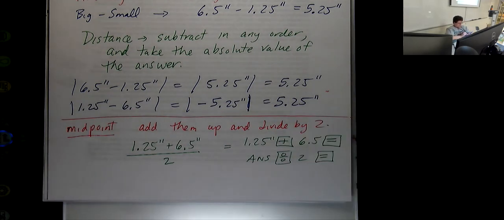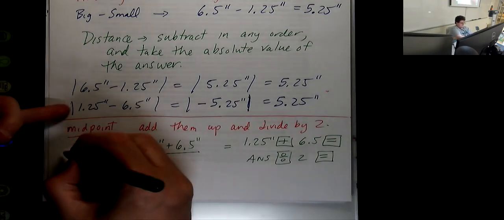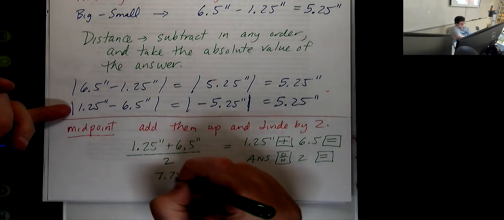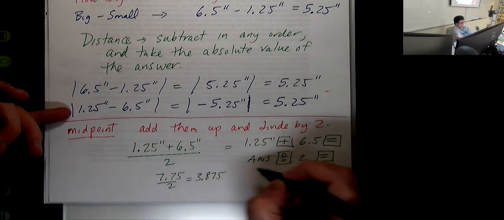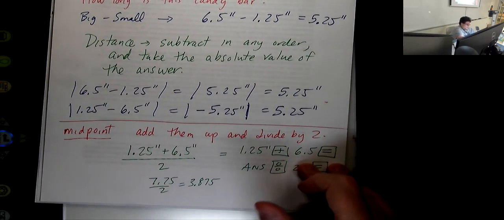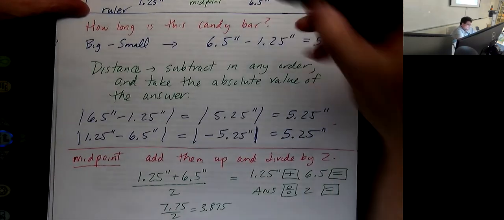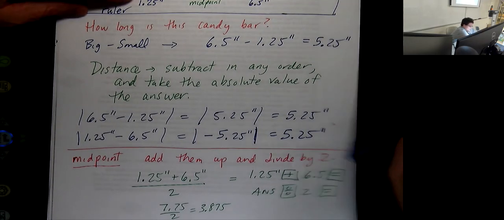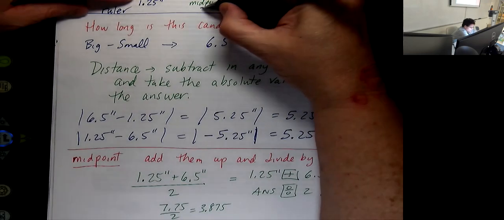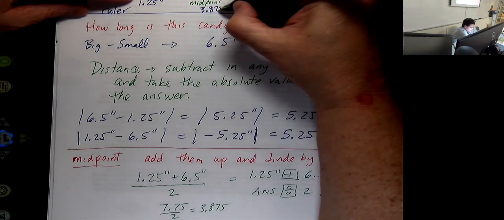So if I do that here, I have 7.75 on top, and that gives 3.875. So the midpoint on this ruler between the 1.25 and the 6.5 is the 3.875 inch mark.